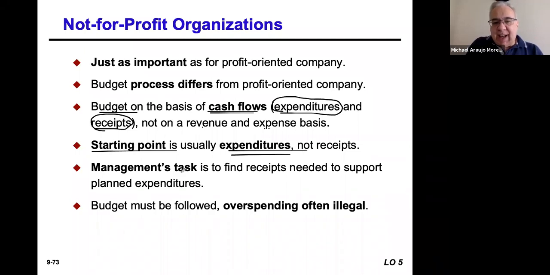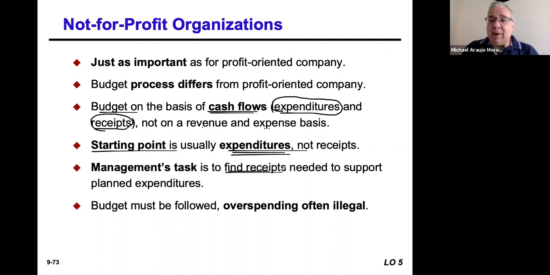So management's task then, once they know how much they need for expenditures, is to go ahead and find those receipts, find the money to get that accomplished, which is why you'll often see a lot of fundraising going on, right?